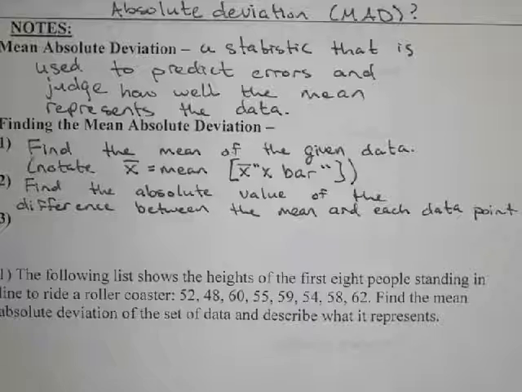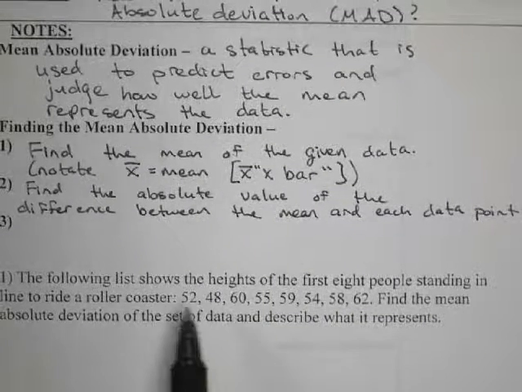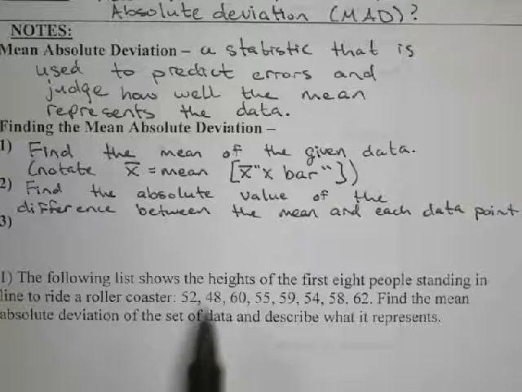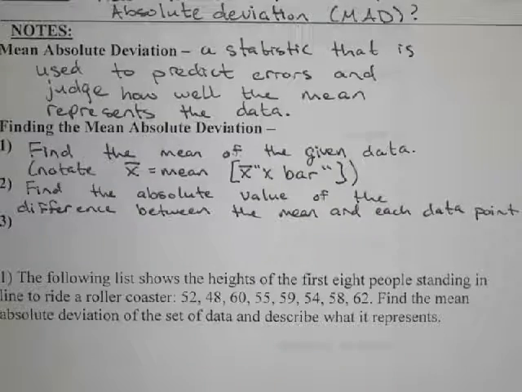So what that means is once we have the mean, we'll just take every single data point, subtract it from the mean, and then we just take the absolute value of all those values. So if we find a mean, do a subtraction with each data point, take the absolute value of that difference, and that's step 2.